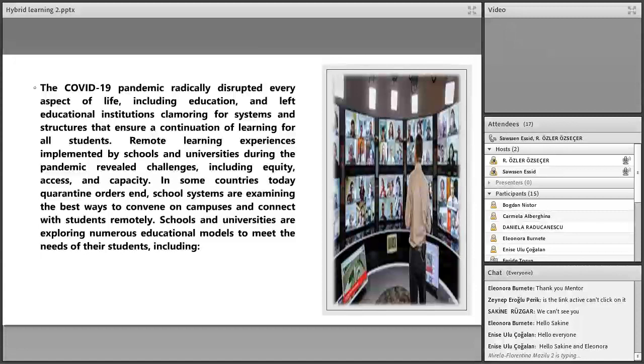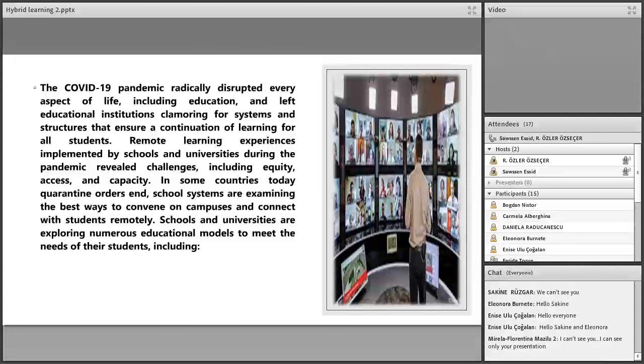I'm sure that many of you are experiencing this kind of remote learning, which was implemented by schools and universities during the pandemic. But the problem is that remote learning revealed many challenges, impediments and hardships for the students as well as the teachers or educators.